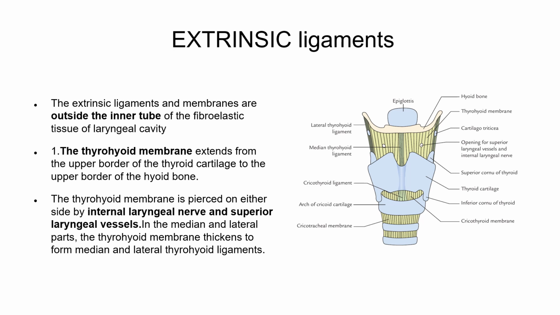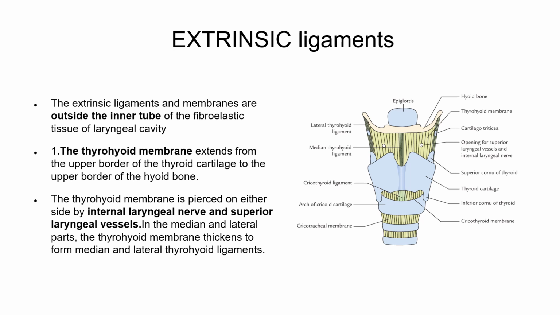So the most important for us is the thyrohyoid membrane, and this membrane is present from the upper border of the thyroid cartilage up to the lower border of the hyoid bone. Now this is pierced on either side by internal laryngeal nerve and superior laryngeal vessels.